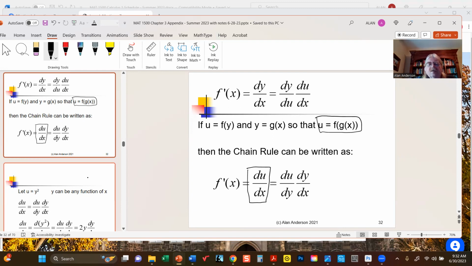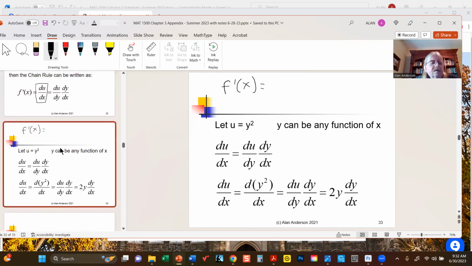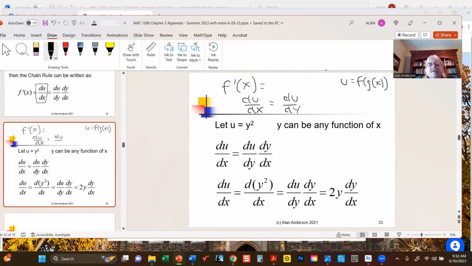Okay, so remember, what you've actually got here, let me write it again, is that because u is a composite function of y and x, we're going to write this as du/dx, which in turn can be broken up into du/dy times dy/dx.